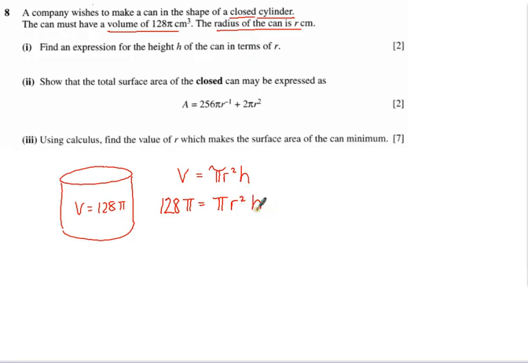Now we want to find what h is, so that's 128 pi divided by pi r squared is equal to h, and we can simplify that because the pi's will cancel, top and bottom, and we're simply left with h equal to 128 over r squared. So we have an expression for the height of the can in terms of r.